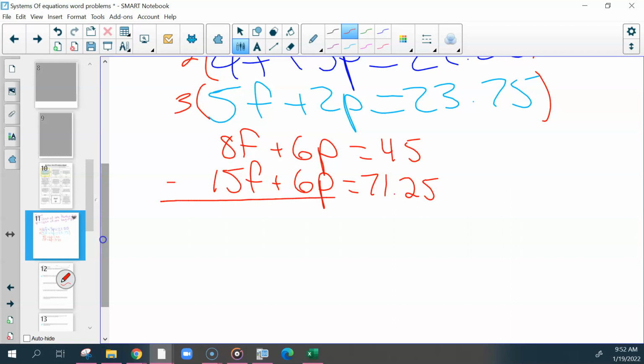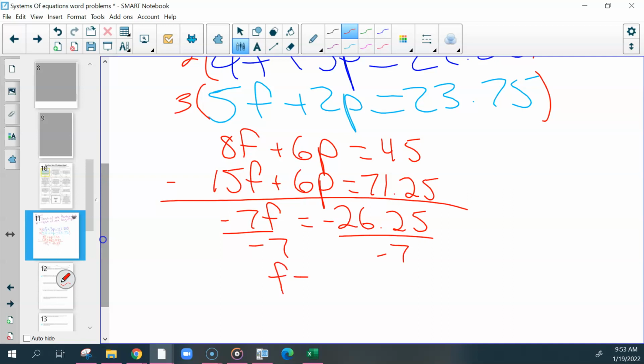Subtract. So we have 8 minus 15, or negative 7f. Someone subtract 44.32 and 71.25. Negative 26.93. And then divide that by negative 7. $3.85.